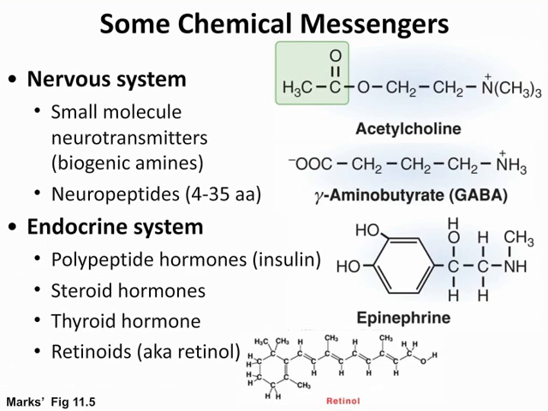We have endocrine system chemical messengers. So some examples of those are polypeptide hormones such as insulin, steroid hormones, thyroid hormone, and retinoids. So no need to focus on the structure, but know the examples of the types of chemical messenger systems.